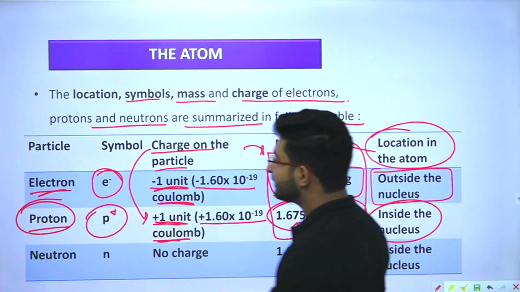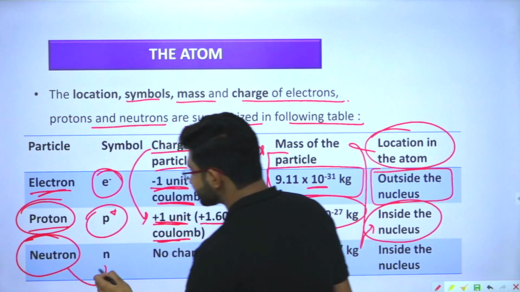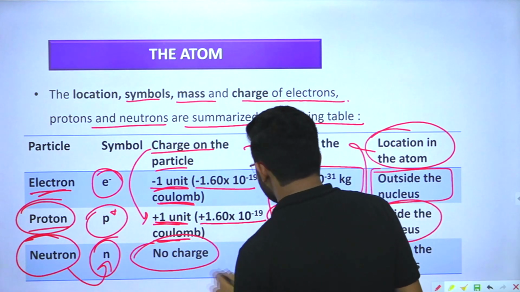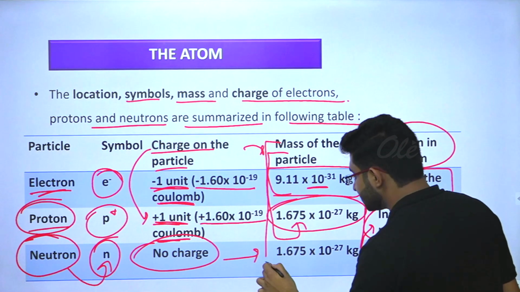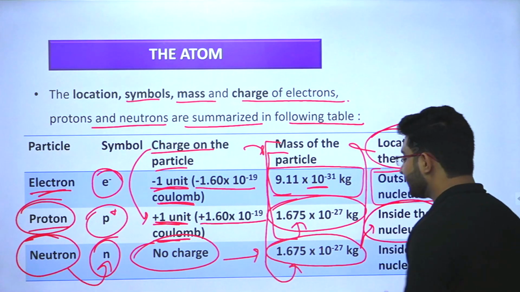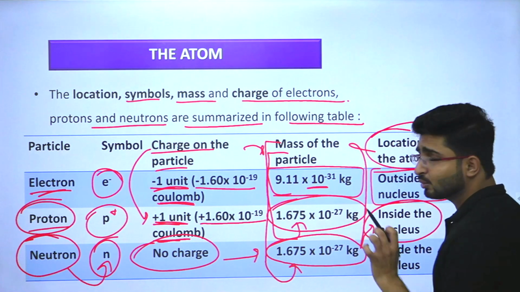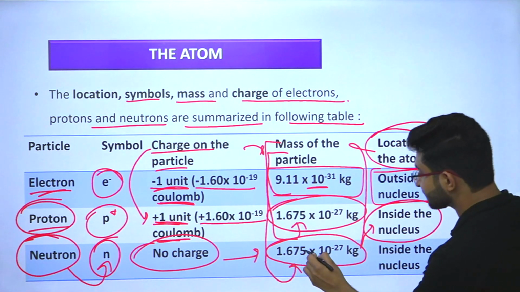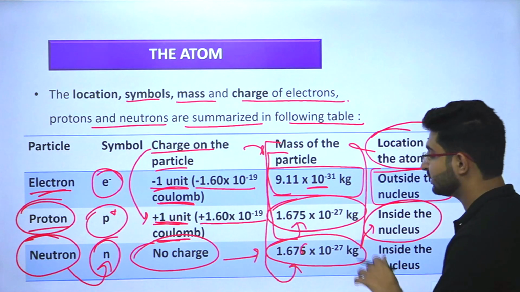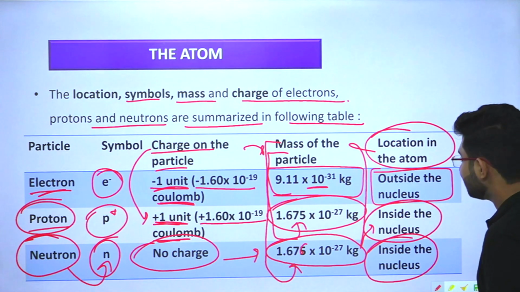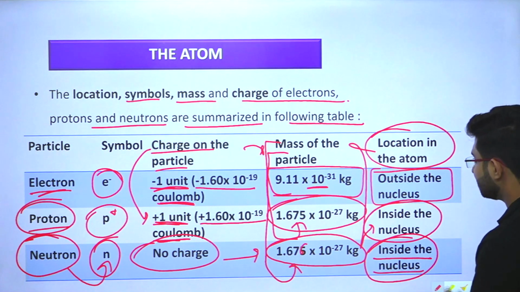After that, the subatomic particle is the neutron, and its symbol is n. Charge is 0, because it has no charge, and the mass is 1.675 × 10^-27 kg, almost equal to the proton. It's not exactly equal to the proton, but almost equal, so we have taken it the same. It is located inside the nucleus.